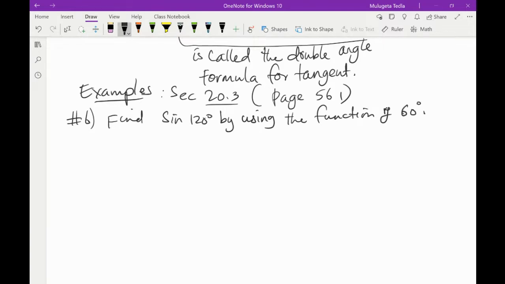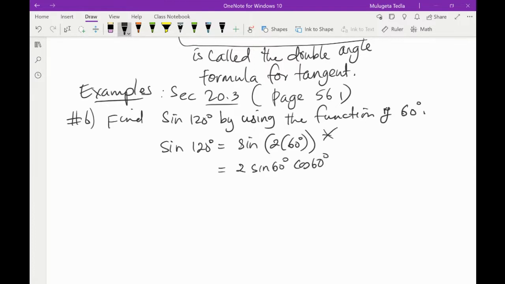I know the relationship is that 60 is half of 120. So sine of 120 means sine of 2 times 60. You don't have to write all this. You can go directly to sine of 60 degrees, cos of 60 degrees. You can skip that, because you know that this will match sine of 2 alpha is 2 sine of alpha cos of alpha. That's what we said.